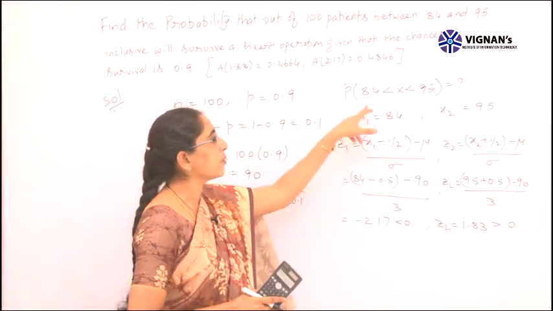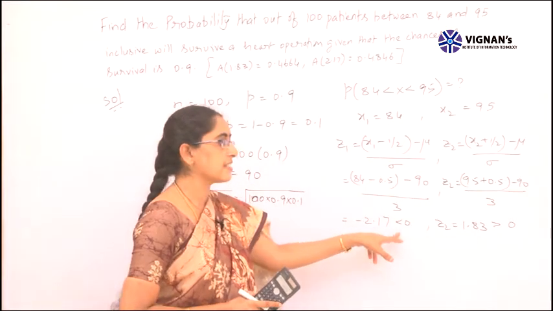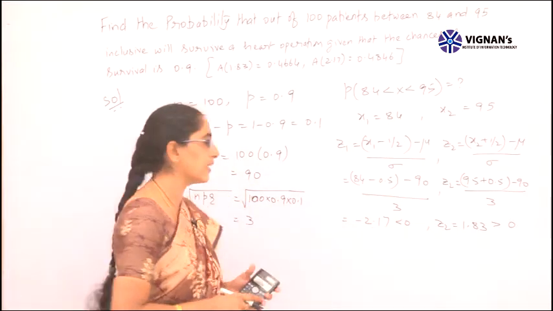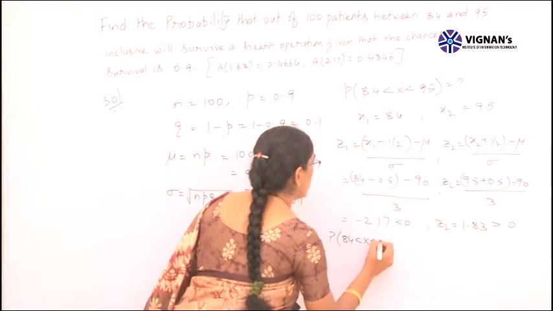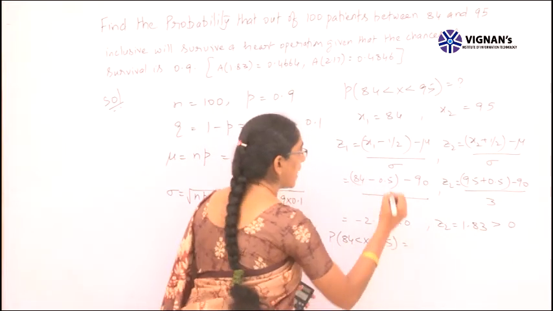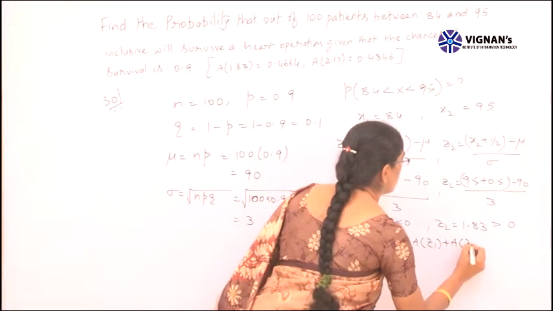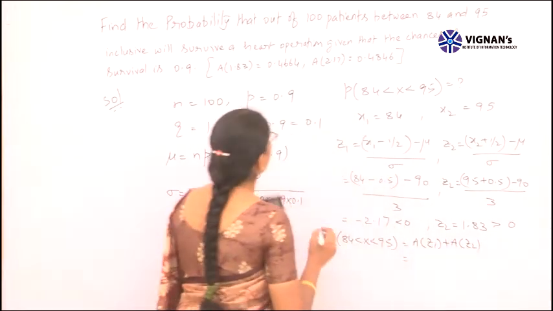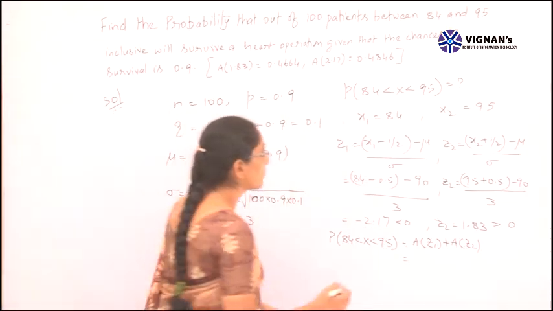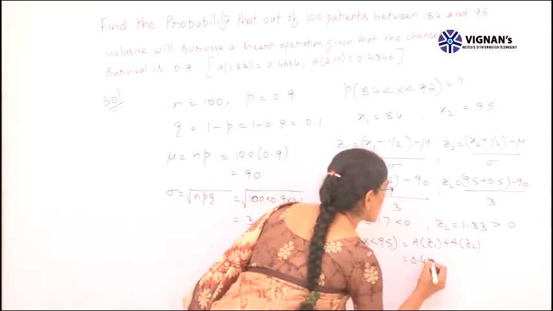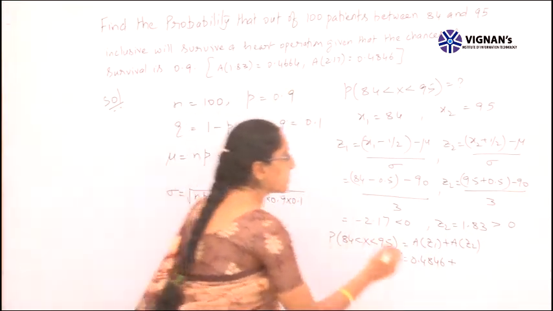So we are finding the probability of x1 less than x less than x2. So Z1 is less than 0 and Z2 is greater than 0. Then the probability of 84 less than x less than 95 is given as A of Z1 plus A of Z2. That means A of Z1, the area value of 2.17, is 0.4846, plus the area of 1.83, which is 0.4664.